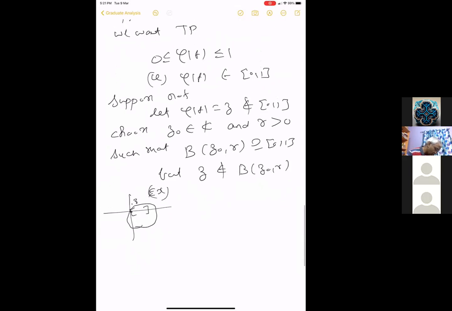So we assume that phi of f equals z, a number, and z is not in this open ball. Okay, so then what happens?